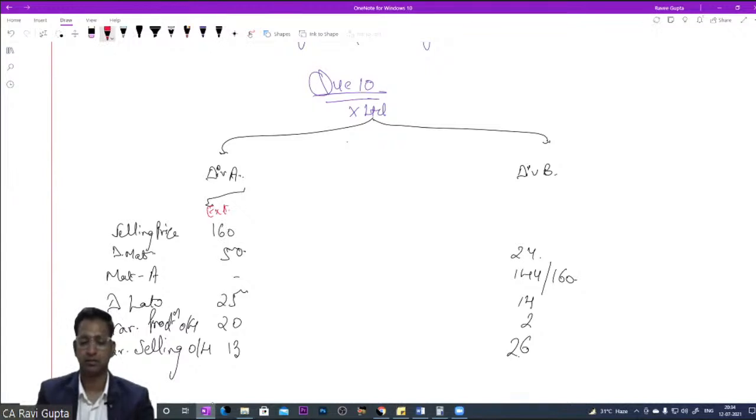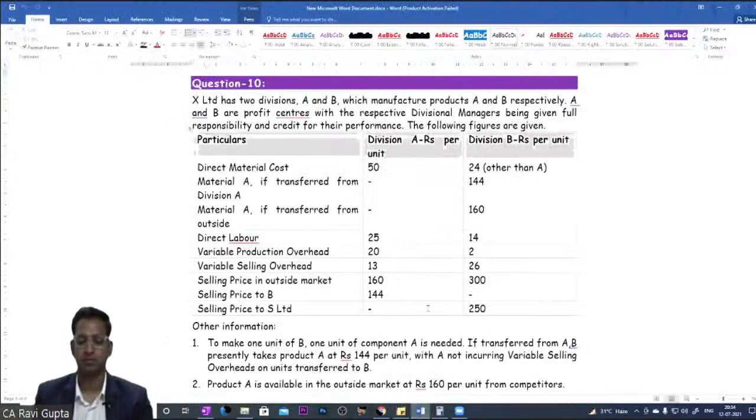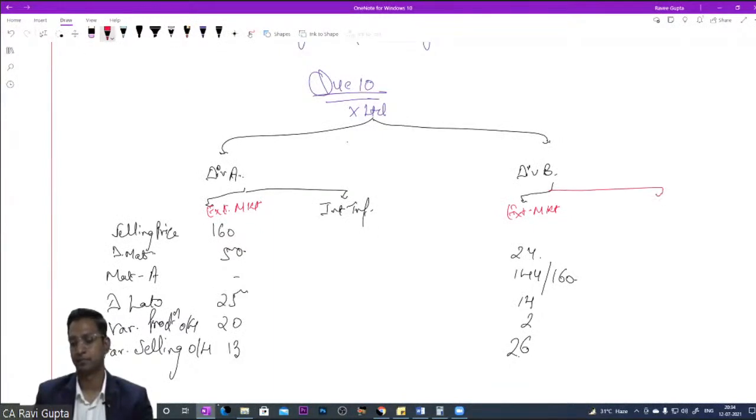If this is an internal transfer to division B, the selling price would be 144, and the selling price to S Limited is 250 rupees and 300 rupees. 300 rupees in this case and 250 rupees in this case. Here we have 144 rupees price.